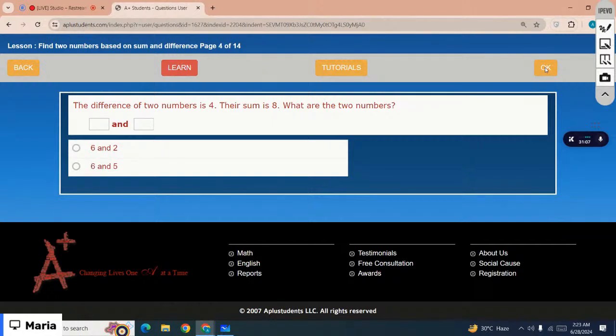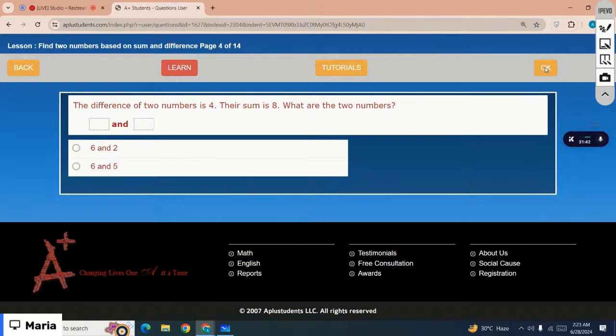The difference of two numbers is 4. Their sum is 8.